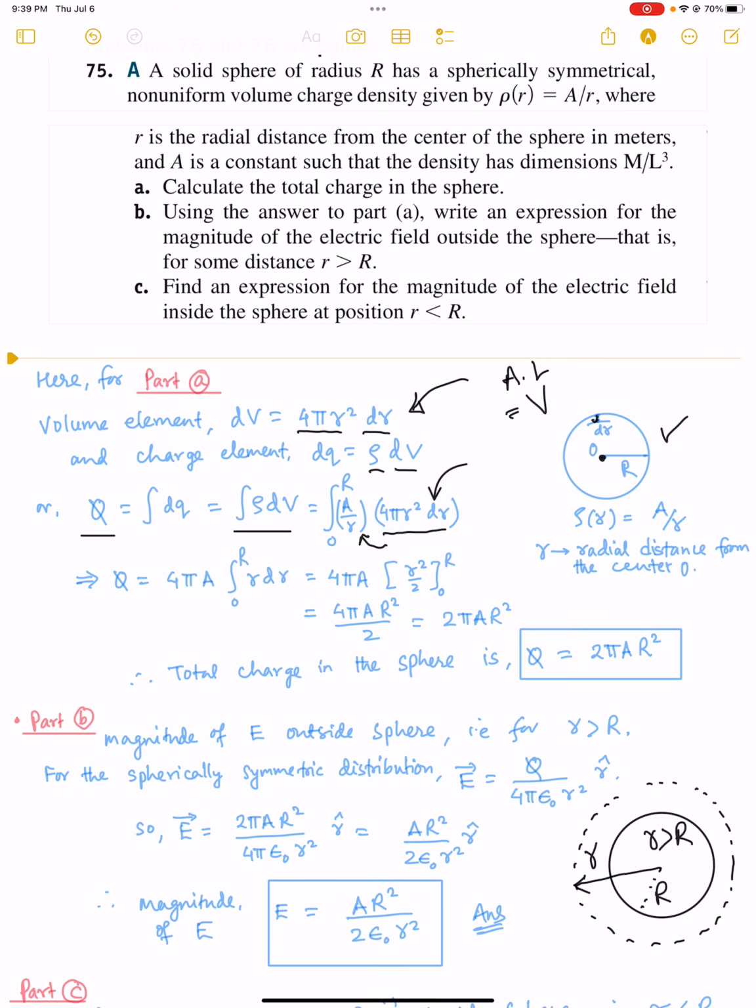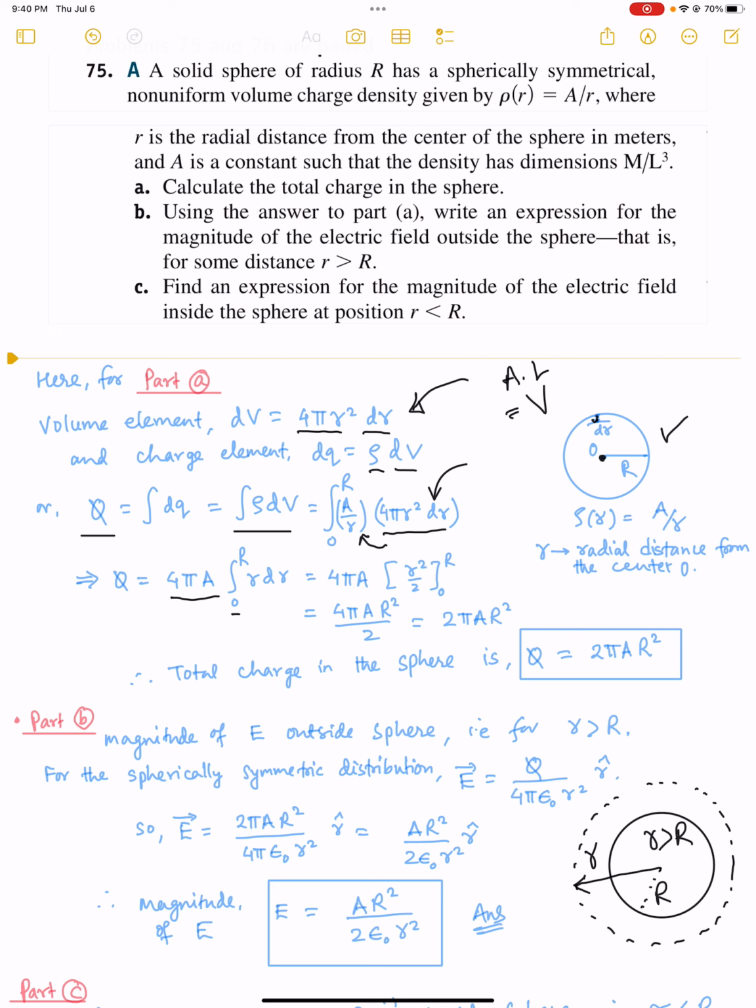I'd like to take the constant terms out of the integral, because they have nothing to do with the change in r. The r ranges from 0 to capital R, the radius of the sphere.